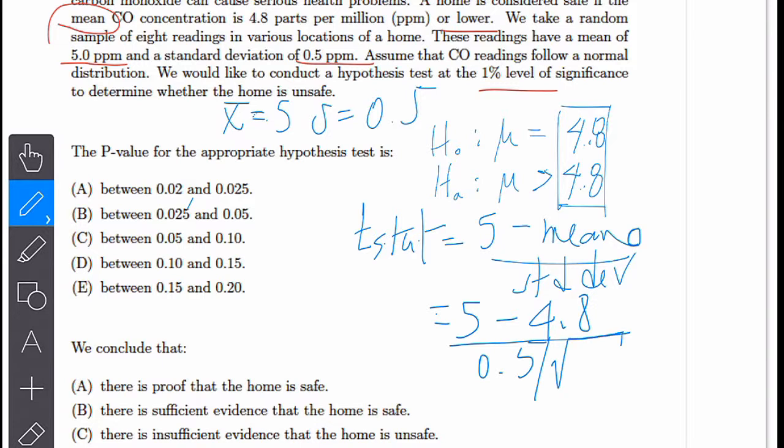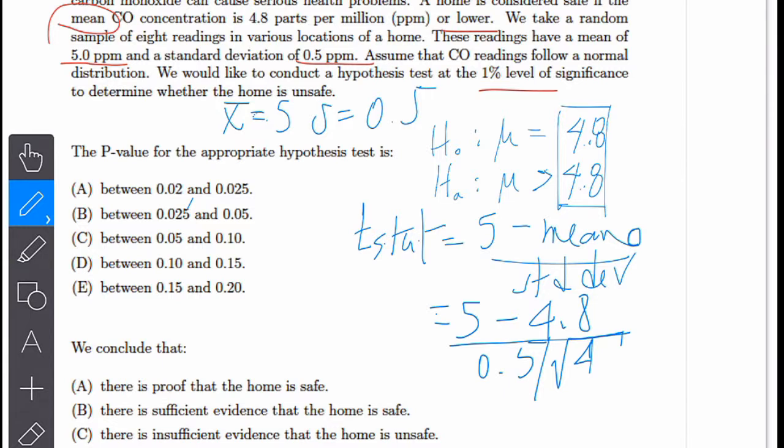Over, in this case, n, this is formula 6. So all these problems are with formula 6 I've been doing so far. And you get 5 minus 4.8, and you divide by 0.5, and then divided by square root of n, and I get, what do you get for the t-stat, I mean?